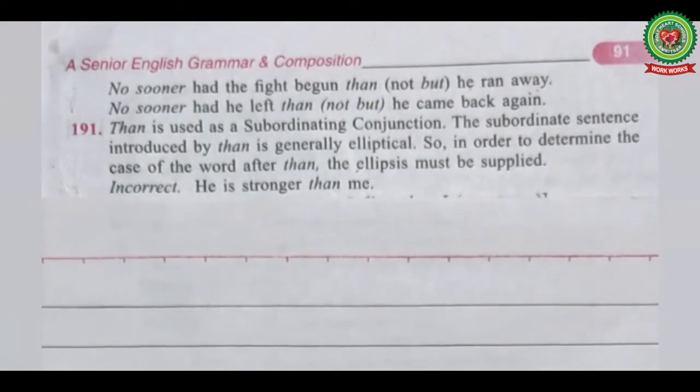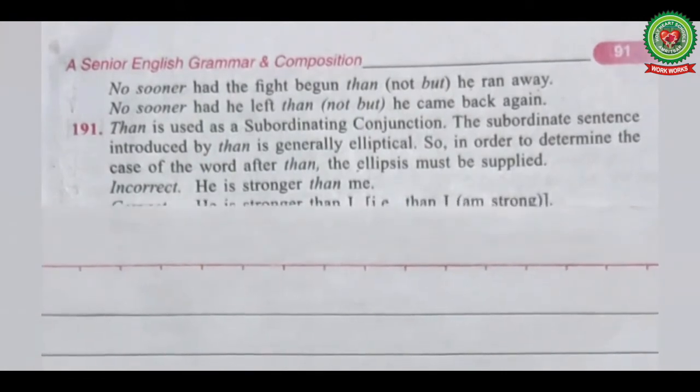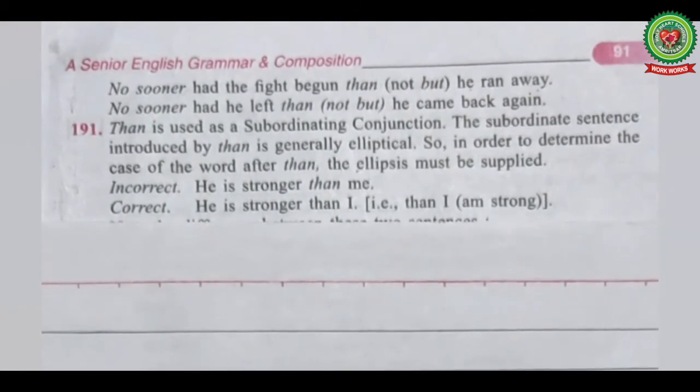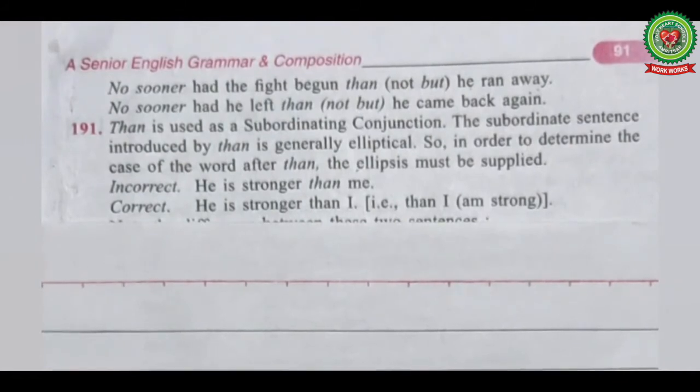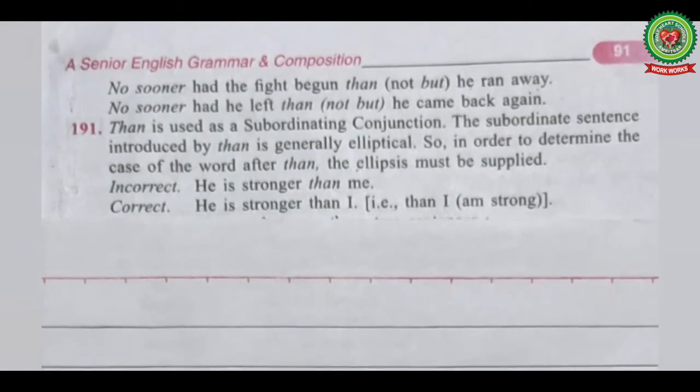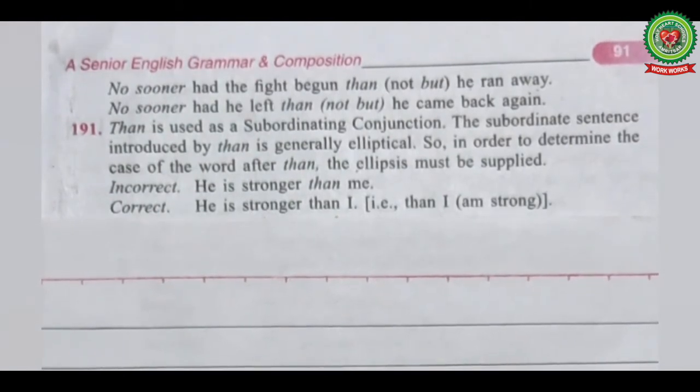See the example. He is stronger than me. Children, if we break the sentence into two parts, we'll get he is strong and I am strong. It is clear that the pronoun which is placed after than should be in the same case as the pronoun before than. Here the pronoun he before than is in subjective case.